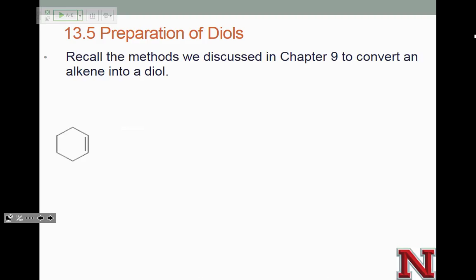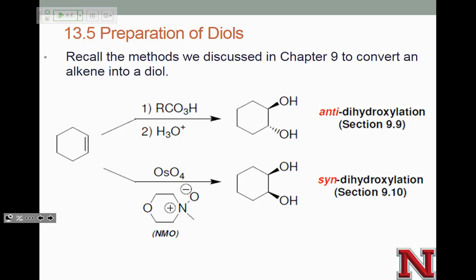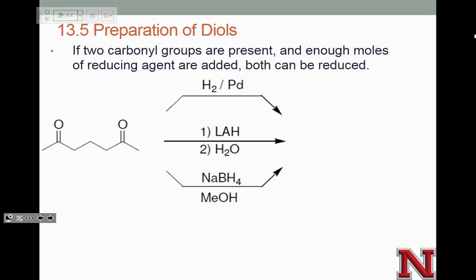As far as preparation of diols, we've talked about a couple of routes. We can do our anti-dihydroxylation. That's going through forming the epoxide. We also know our syn-dihydroxylation with our osmium tetroxide and NMO, or cold KMnO4. That's another route we talked about that does syn-dihydroxylation.